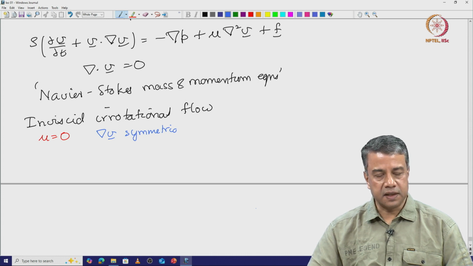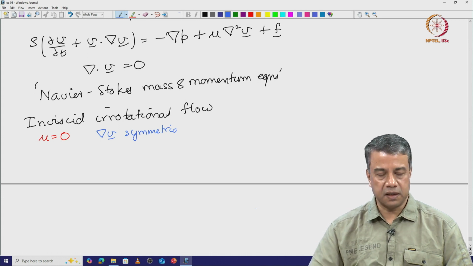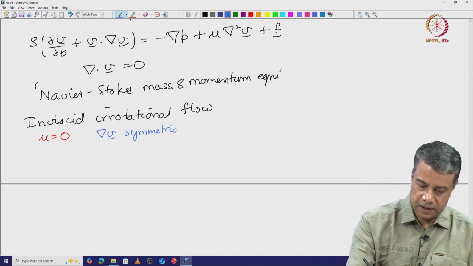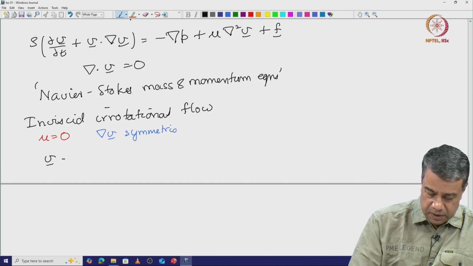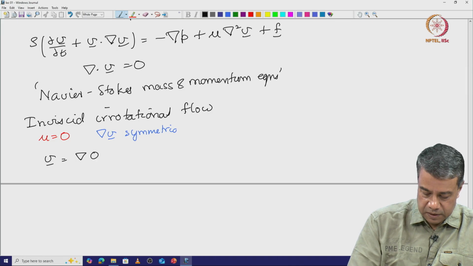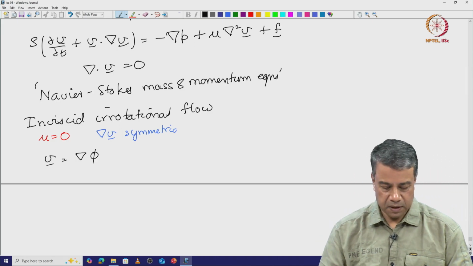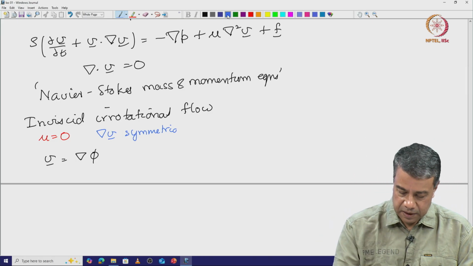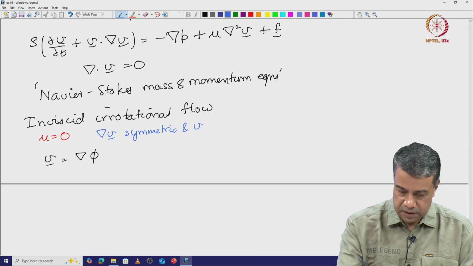In that case, since there is no rotation, you can express the velocity as equal to the gradient of a potential. So, del dot V is symmetric and the vorticity is equal to 0.